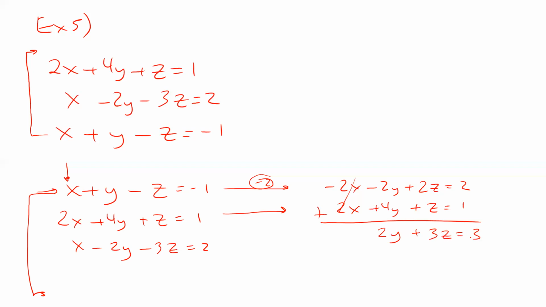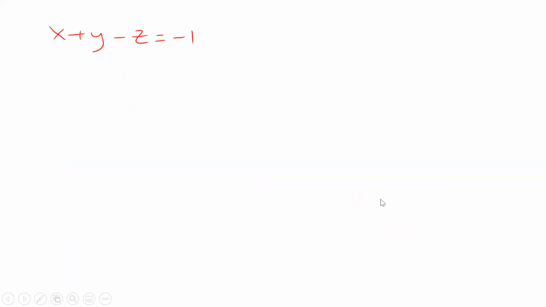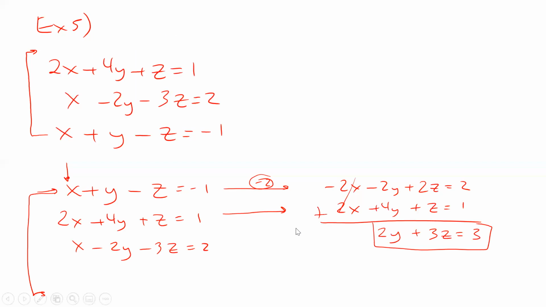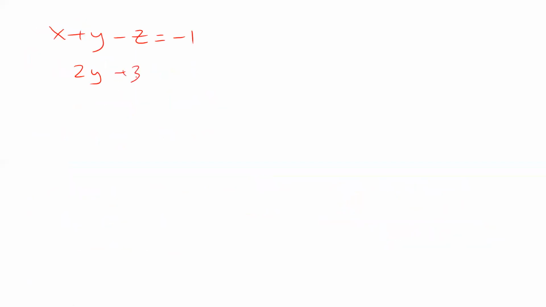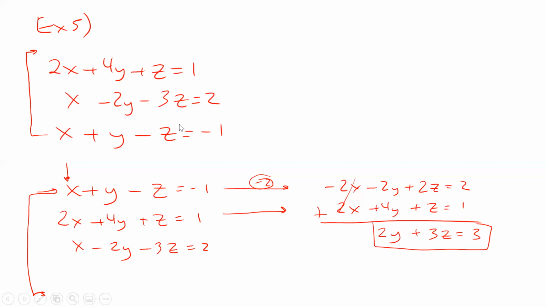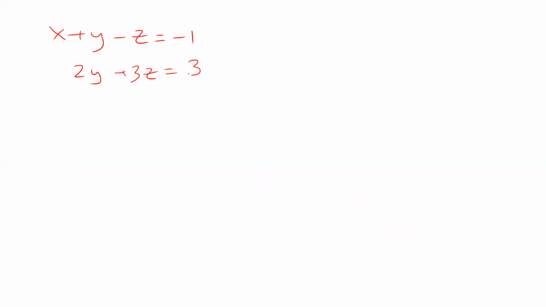Are we good there? We're gonna stick this as our new equation number 2. Let's jam, so off to the side, I got myself 2y plus 3z equals 3. Okay, my new equation done. Are we good there?